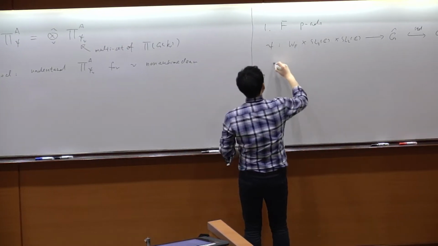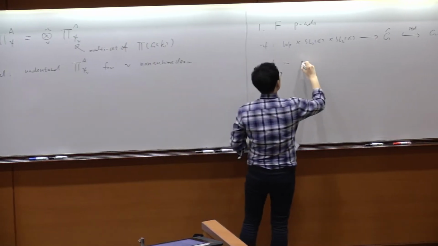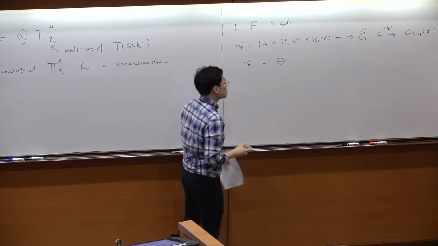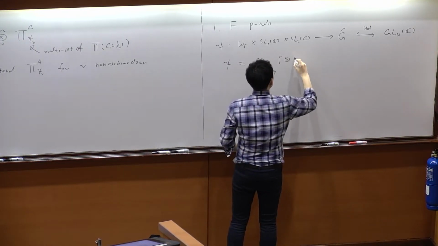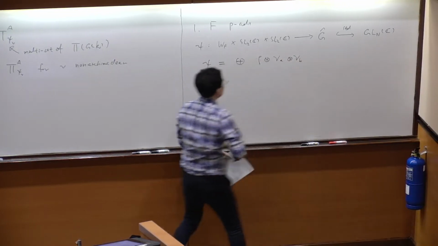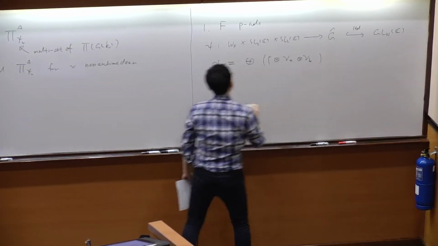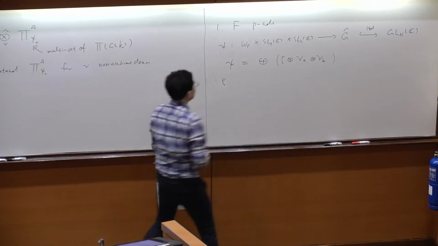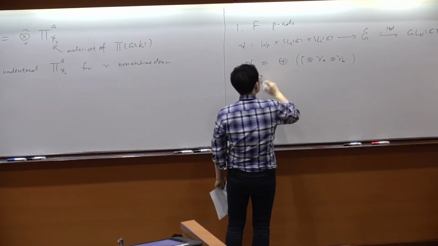And as a representation, we decompose this as its irreducible subrepresentations. So the irreducible subrepresentations will decompose this as a tensor product like this. Here, this rho is irreducible unitary.